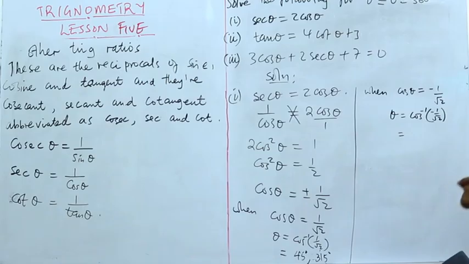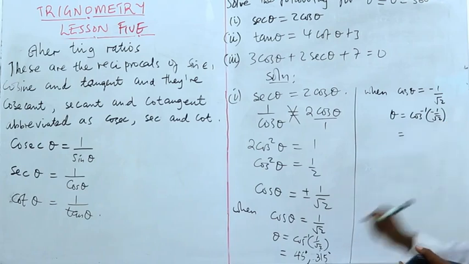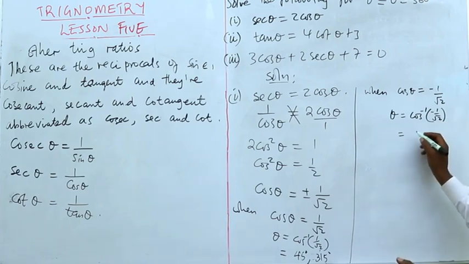Then, where is cos negative? Cos is negative in the second and the third. So, you have 45. Then you have 180 minus 45, giving you 135 degrees.